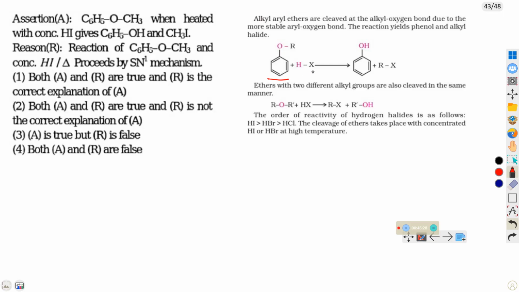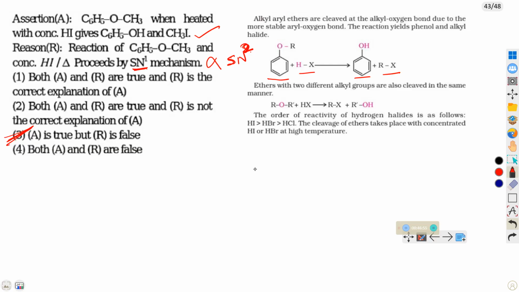C6H5OCH3 when heated with HI gives C6H5OH and CH3I. Correct. Reaction of C6H5OCH3 and concentrated HI proceeds by SN1 mechanism. Wrong. It proceeds by SN2 mechanism, not SN1.